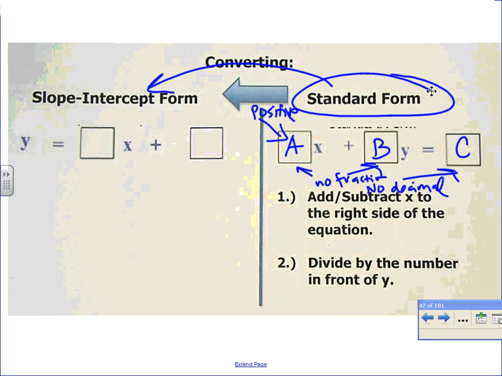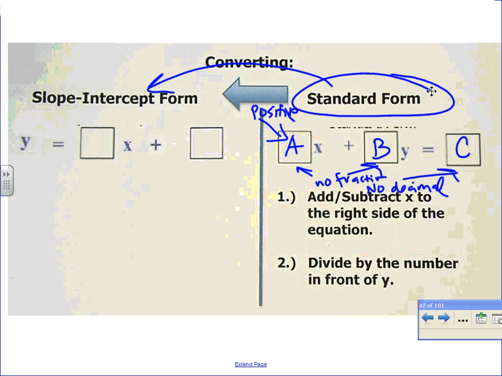So here's the steps. Step 1, to go from standard to slope-intercept form, you add or subtract the x to the right side of the equation. So write down, if you haven't already, add or subtract x to the right side of the equation. Step 2, divide by the number in front of y.